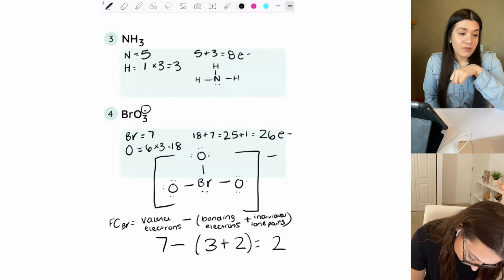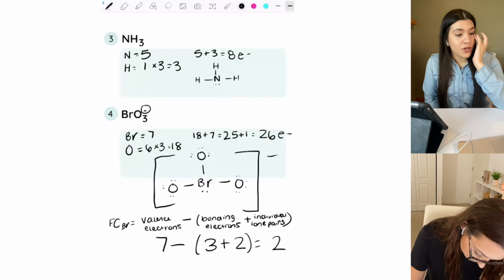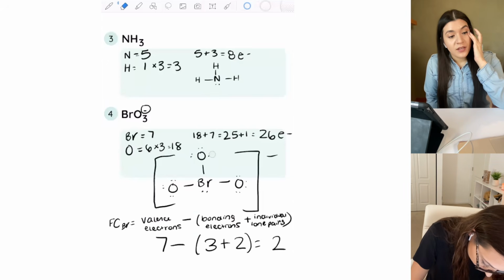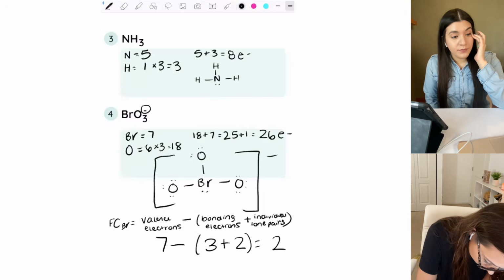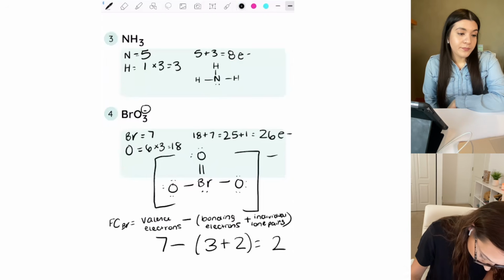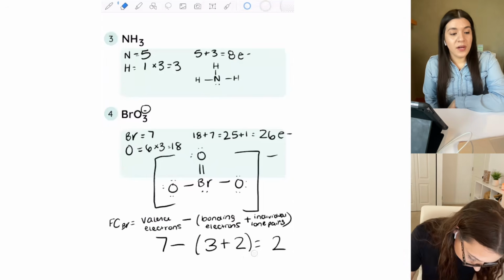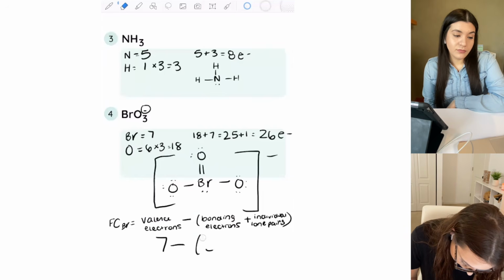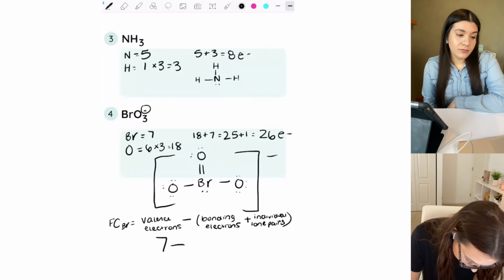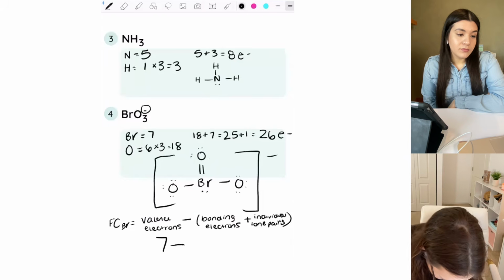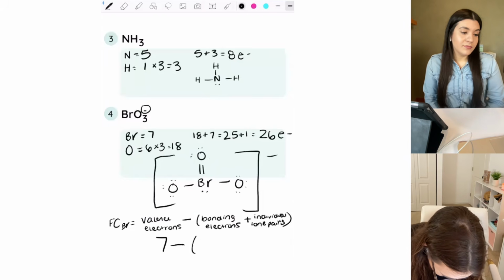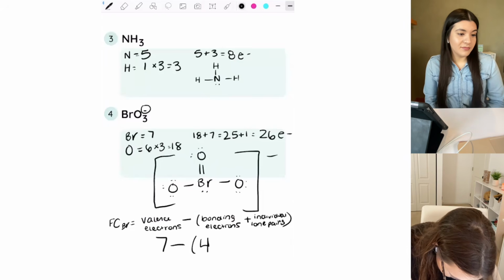It doesn't matter which oxygen you choose, go ahead and move 2 electrons and then change that to a double bond. Okay. And then we can recount and then double check, okay, does this give us 0? So now we have. Good.